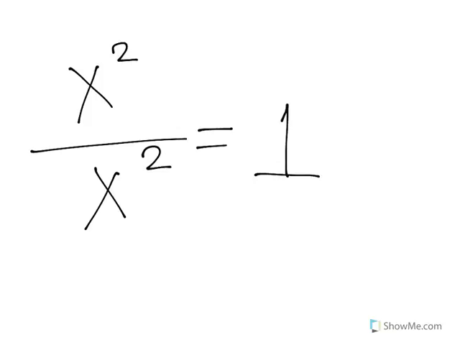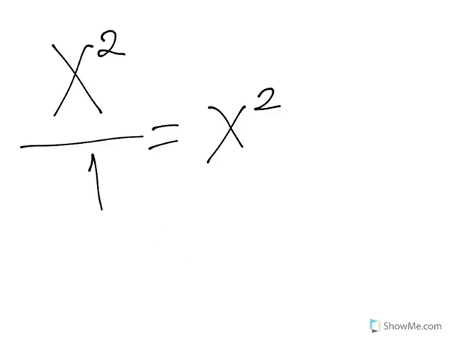Now, here you see that the degree of x squared and of x squared is 2 in both cases, and 2 is less than or equal to 2, which is right. And here the degree would be 0, because you can think of 1 as being 1 times x to the 0, and so 0 is less than or equal to 2.